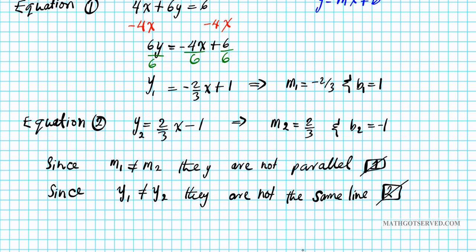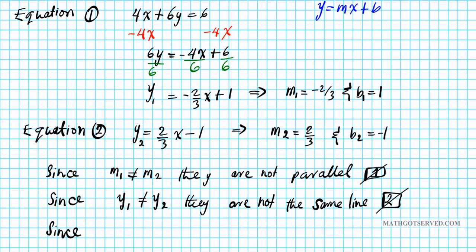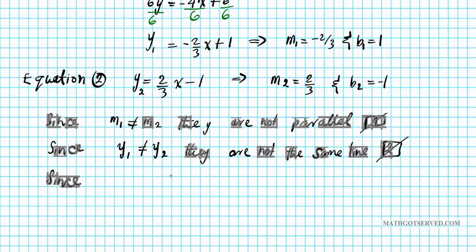All right, how about perpendicularity? Remember, the condition for perpendicularity is that M2 has to be the negative reciprocal of M1. All right. So what is the negative reciprocal of M1? The negative reciprocal of M1 is positive 3 over 2. Okay. So let's write that down.